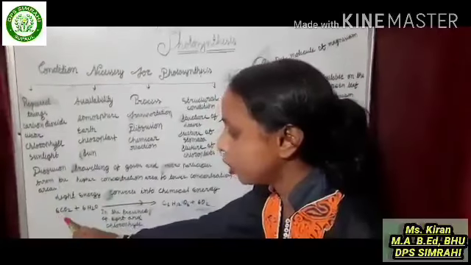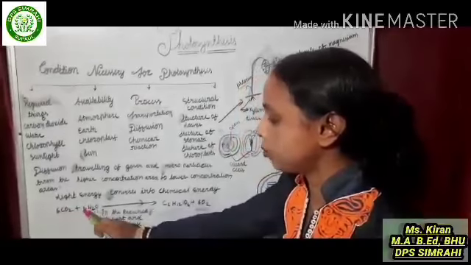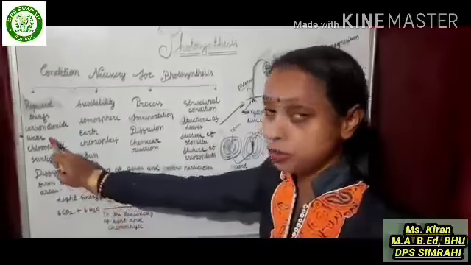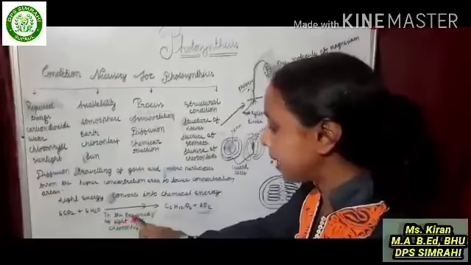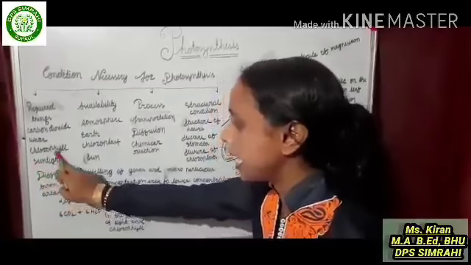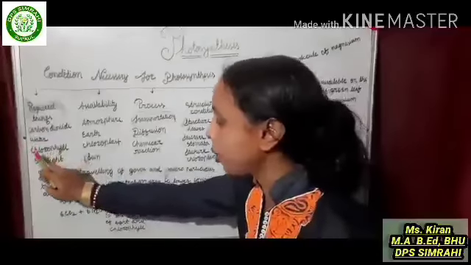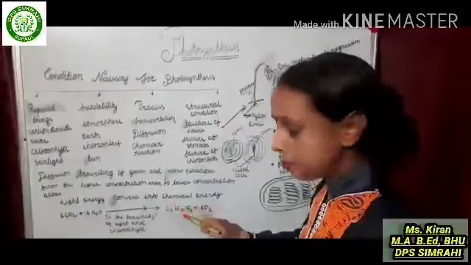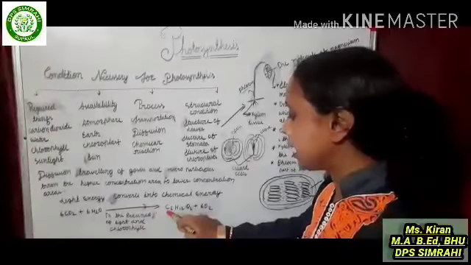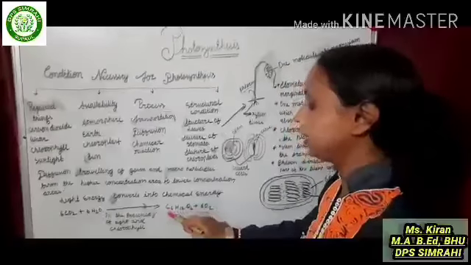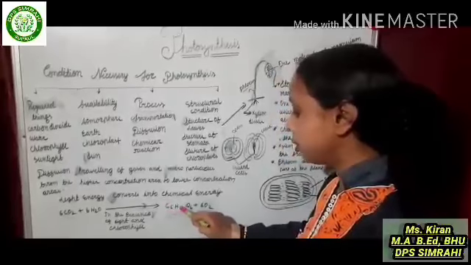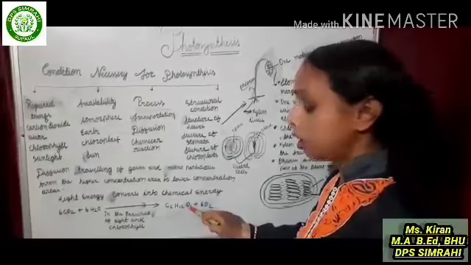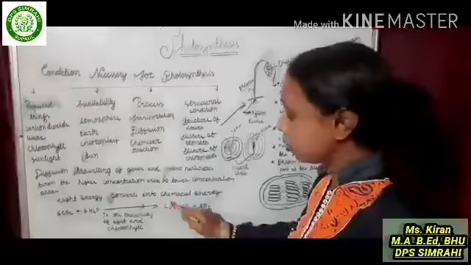Here are 6 molecules of CO2 and 6 molecules of H2O, water, and in the presence of sunlight and chlorophyll, the products are 6 carbon, 12 hydrogen and 6 oxygen, C6H12O6.